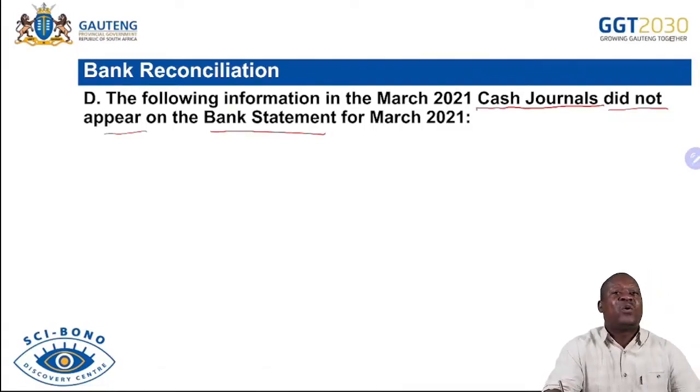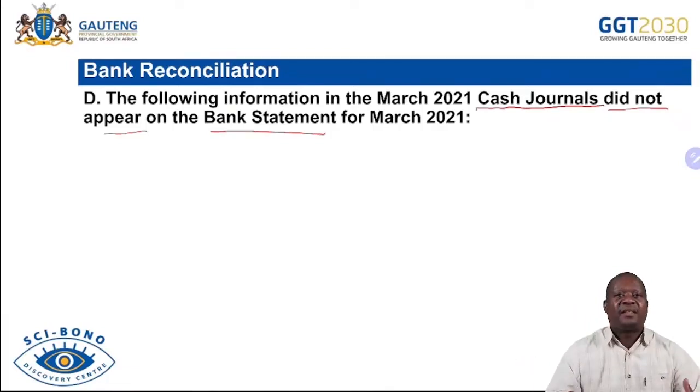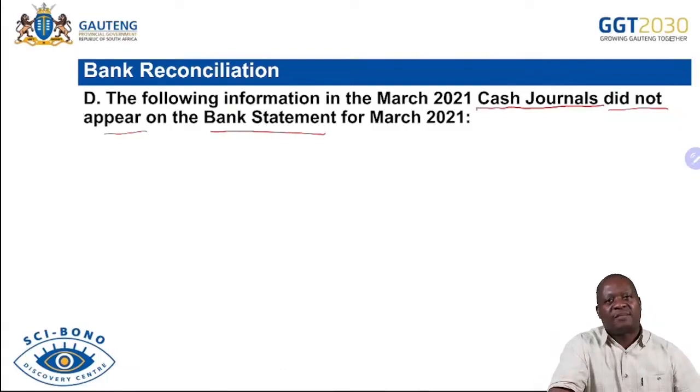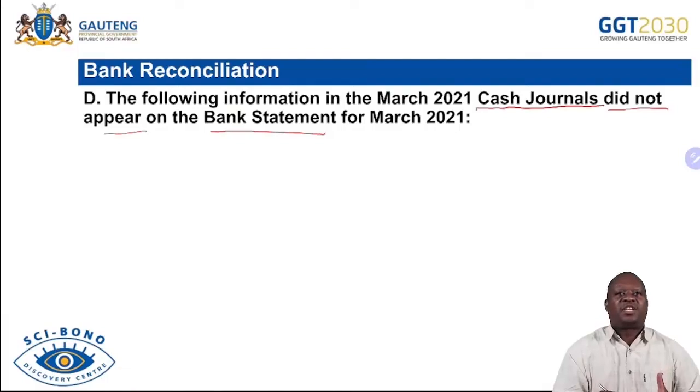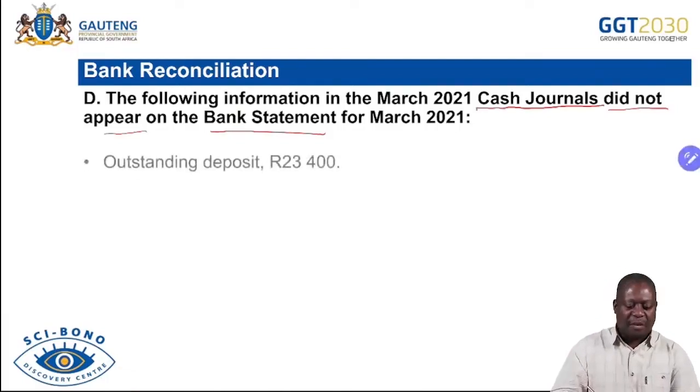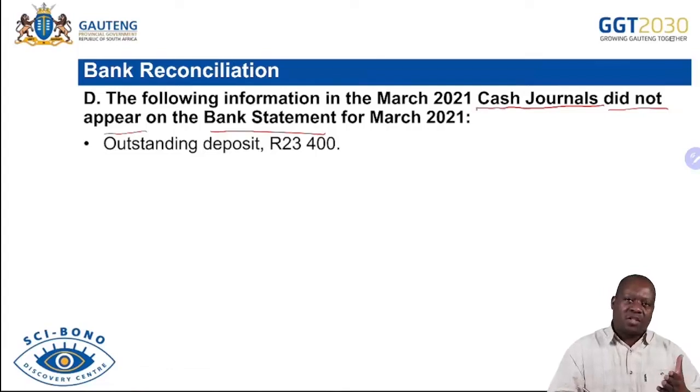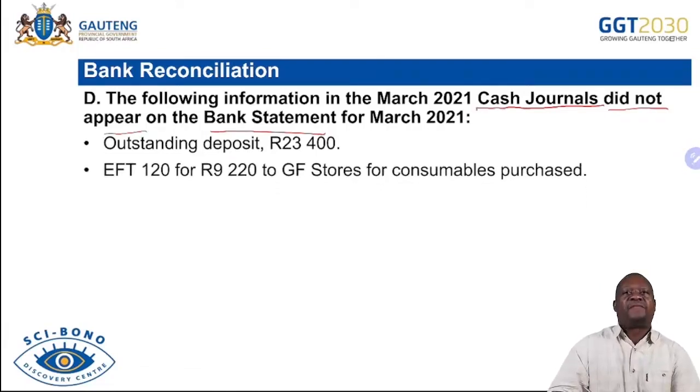So it should appear on the bank statement. But remember, we are not preparing the bank statement. We can only do that by taking this information to the bank reconciliation statement. So this information belongs to the bank reconciliation statement. Now, what is that? An outstanding deposit as well as outstanding EFTs.